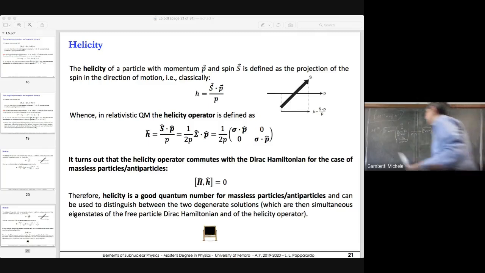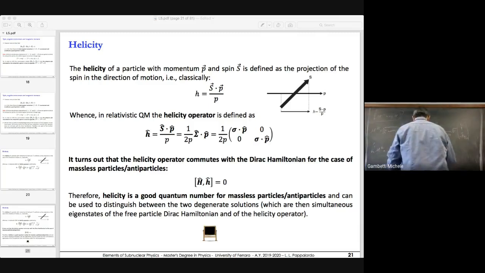And we do the same job as before. So we apply our helicity operator now on U2. It is 1 over 2p, 2p, sigma star t, 0, 0, sigma star t, u2. We will skip some passages because they are the same.